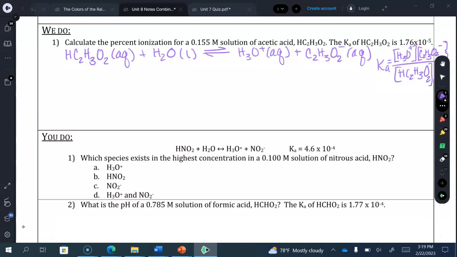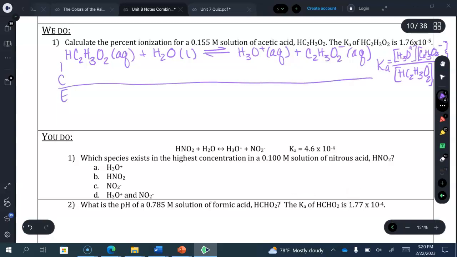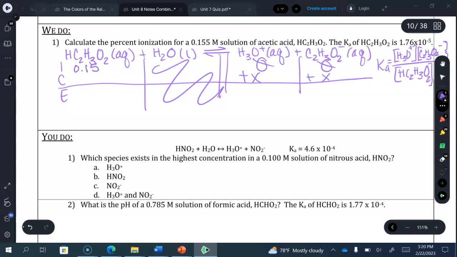Now we can set up our ICE table, where the water isn't counted, and these two start off at 0, so we know we're going to make them. And this was given as 0.155 molar, so 0.155 minus x.